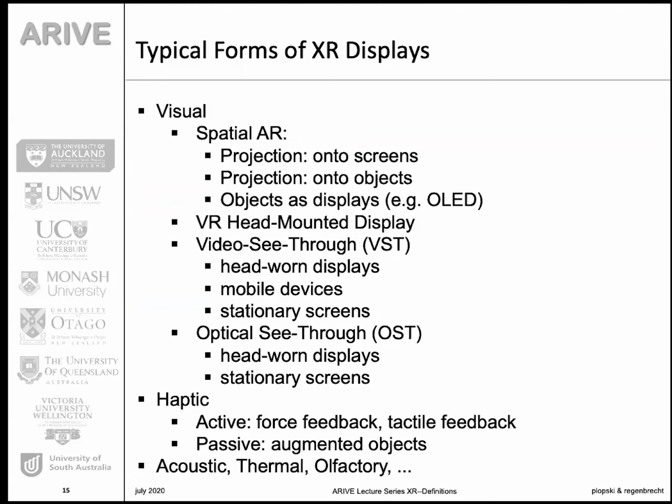And finally, we also have optical see-through experiences, which can be again presented on displays or through stationary screens. And last but not least, we have also haptic, acoustic, thermal, and or olfactory experiences that we can address. And I will go into more detail on all of those over the next couple slides.